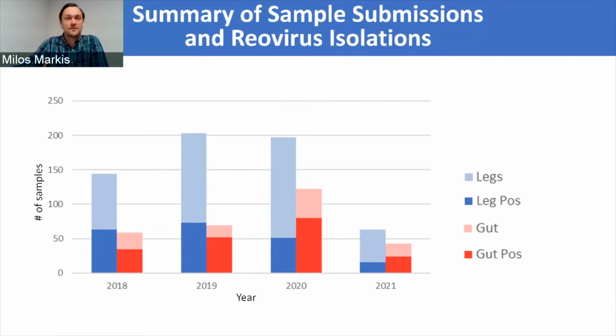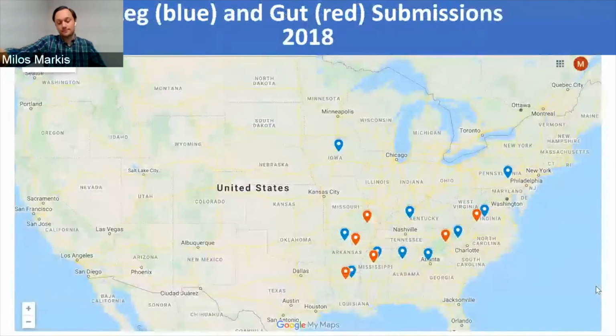You can see from 2018, there was an increase in leg submissions, but reovirus isolations from the legs have remained pretty consistent. But there was quite a large increase in 2020 of intestinal submissions and reovirus isolations from the intestines. The 2021 numbers are only through April, but the pattern seems like it's going to be similar to 2020.